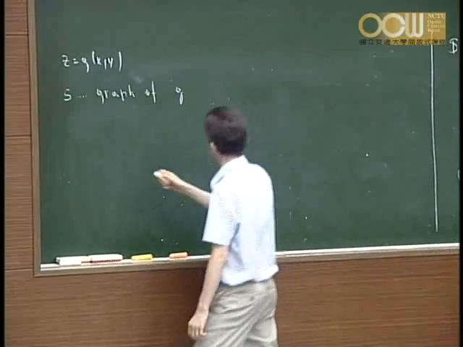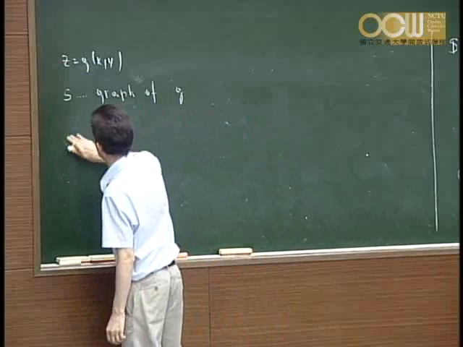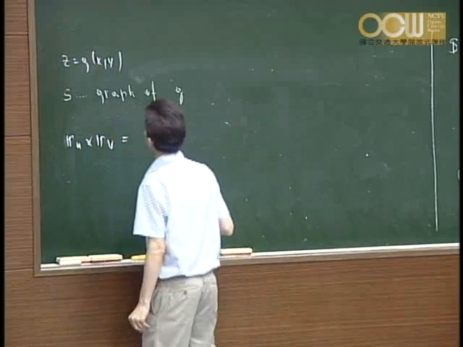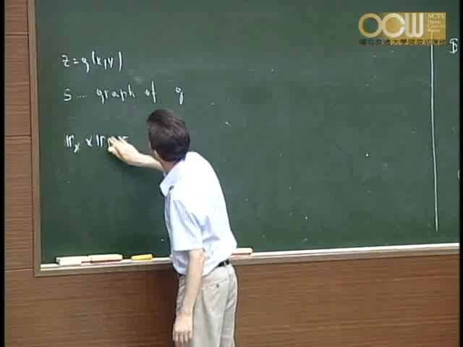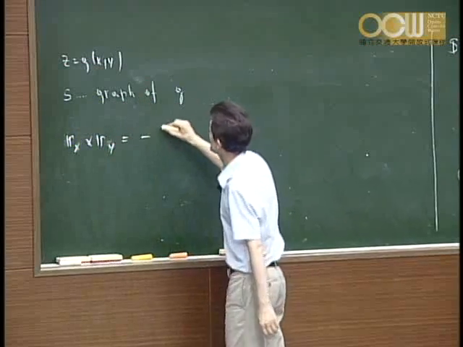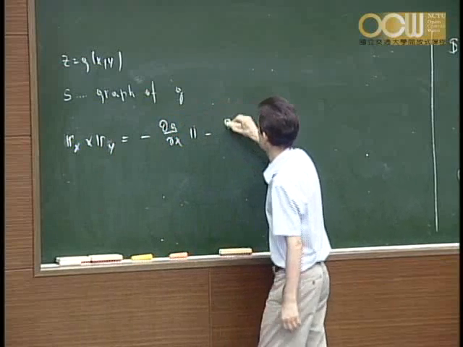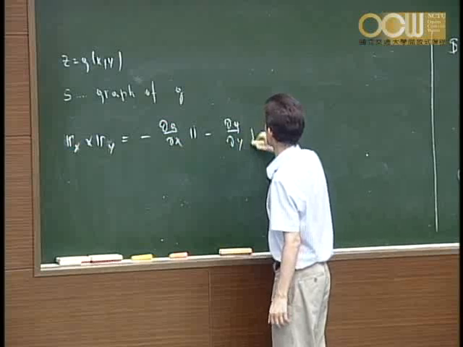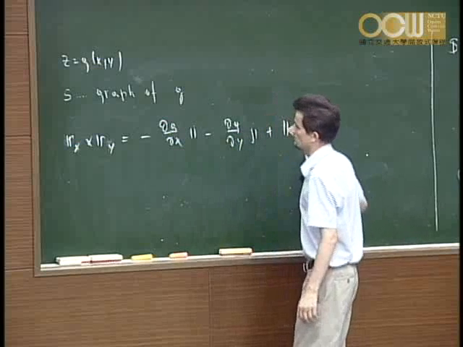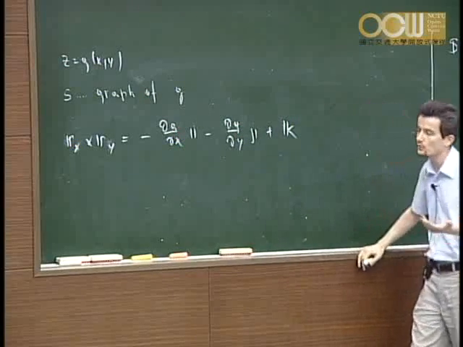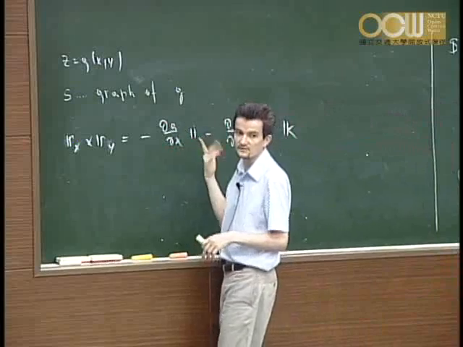This means that our r_u times r_v is equal to, and here the parameters are x and y, as I computed before: the partial derivative of G with respect to x times i, minus the partial derivative of G with respect to y times j, plus k. If the orientation would not be positive or outward, we just have to replace this here by minus.